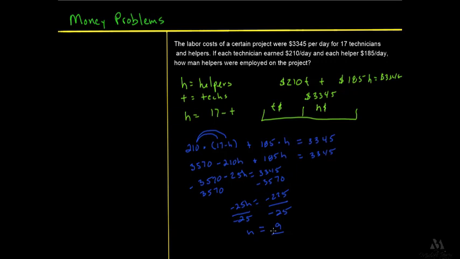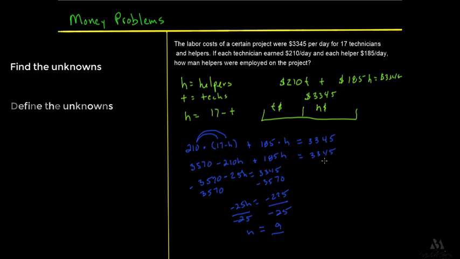So either one of those ways works, but let's go back and take a look at strategy. The first thing I try to do is figure out what I don't know and define that. So I found out I don't know how many helpers are on the project, so I set that as H. I also figured out I didn't know how many technicians I had, which was T. And I did know that my helpers had to equal 17 minus T, although I didn't ever have to use that.